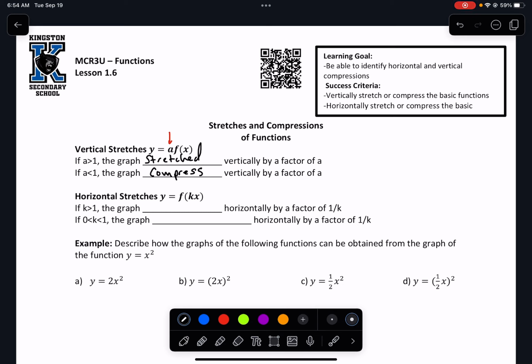Horizontal stretches, though, are a little bit trickier, only because the variable k is on the inside of the brackets. We learned a bunch of stuff with the horizontal translations last year, and we also saw it the other day in the translations lesson, that horizontal work always behaves in the opposite manner than what we think.